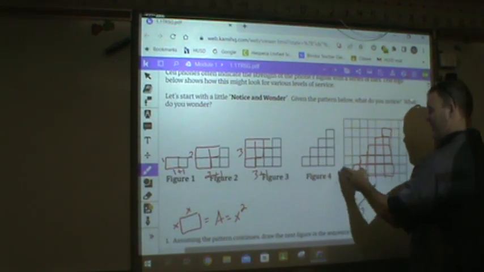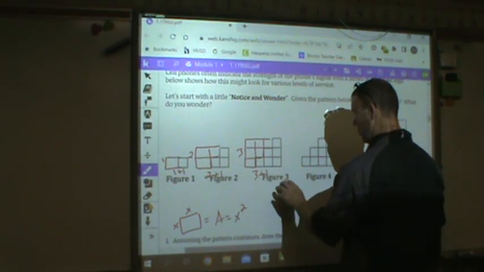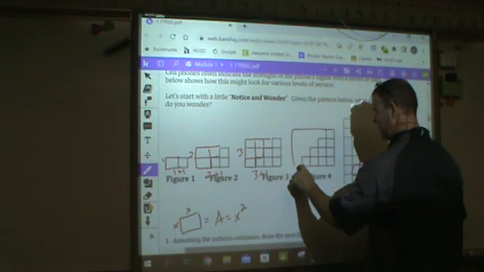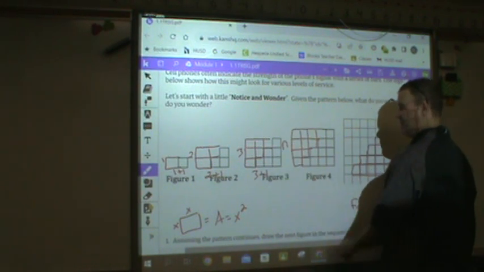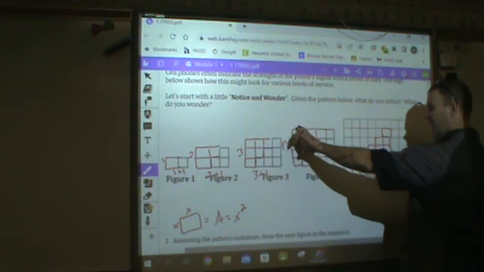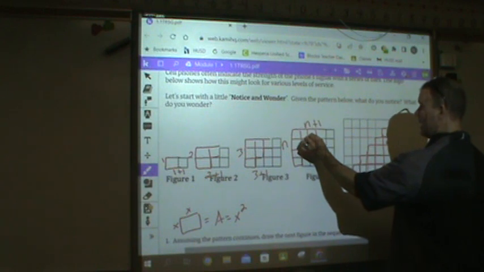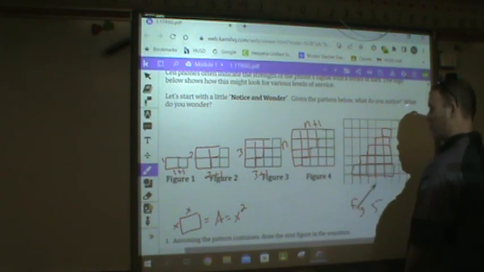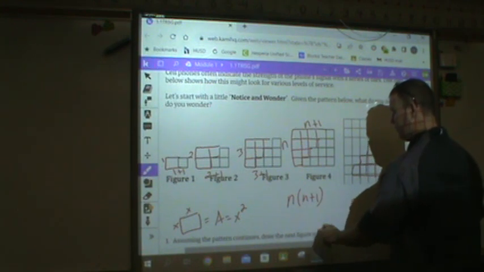This would be 4 by 5, 5 by 6, and so on. So for any given figure, whatever it is, and I'll use this one as an example, we could take the value of its height, which is n, and multiply that by n plus 1. Its width plus 1 extra row. And that's what's happening. So n times n plus 1.